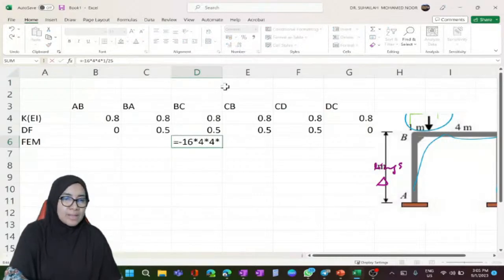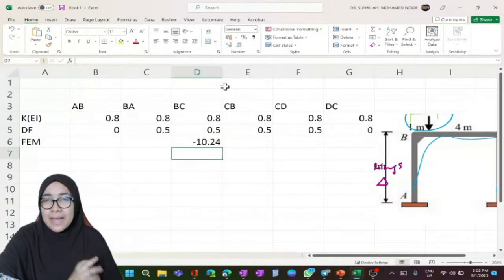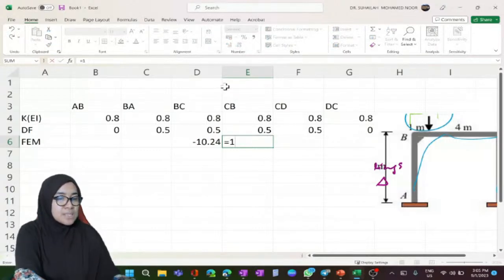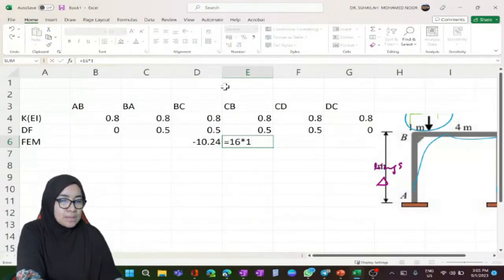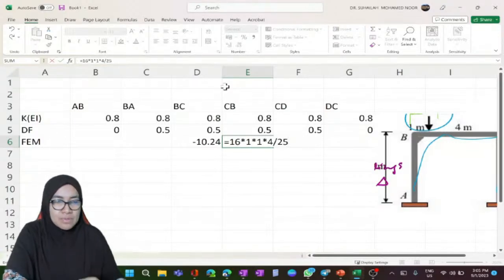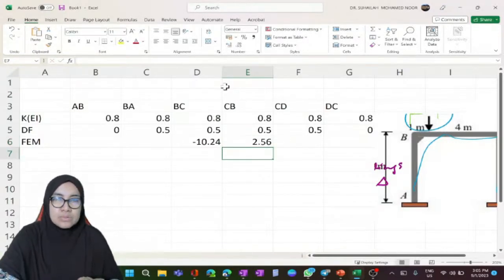Don't forget to put negative, it must be negative because of the behavior. Another one is positive: 16 times 1 times 1, please refer to the formula, times 4 divided by 25. So this is equal to 2.56 positive.